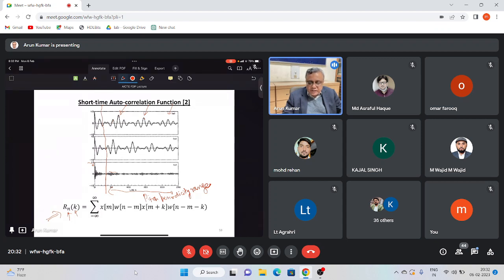So one can derive a cost function based on these kinds of measures, like the short time energy, the zero crossing rate and the autocorrelation maxima, to infer whether a given segment of speech is voiced or unvoiced. And similarly, one can use these tools to determine whether the given segment is silence or speech.